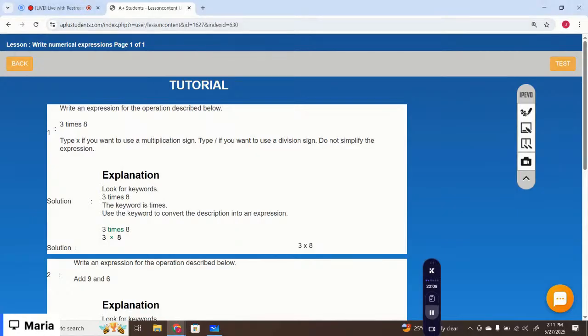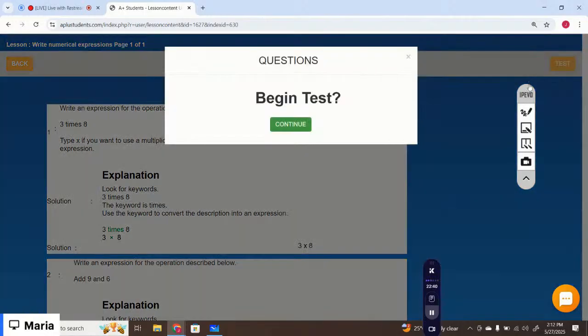So 3 times 4 you can write as 3 multiplied by 4. Let's just start with the test questions.